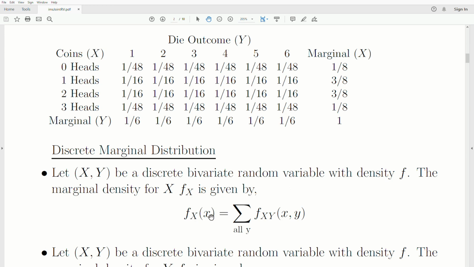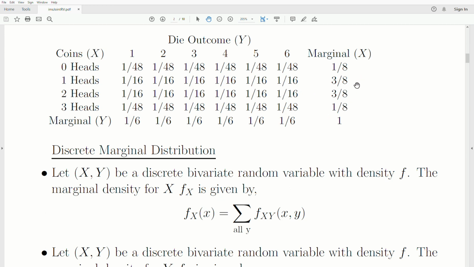And so the little x means for a specific value, right? So for a specific x, if we sum out the y, we get the density of that x. So for instance, let x be, say, 2 in this case, and we sum over all y, we get 3/8.